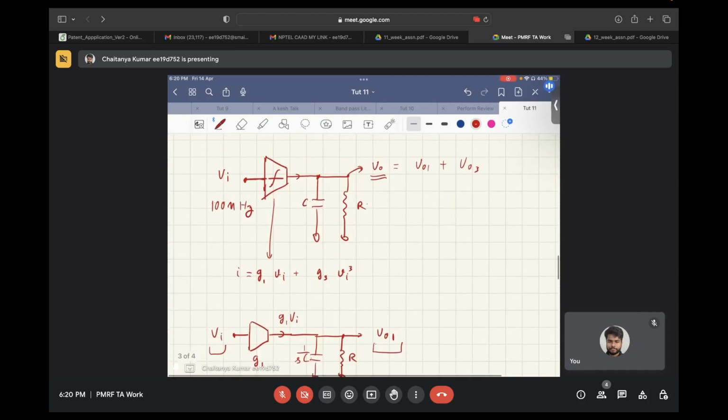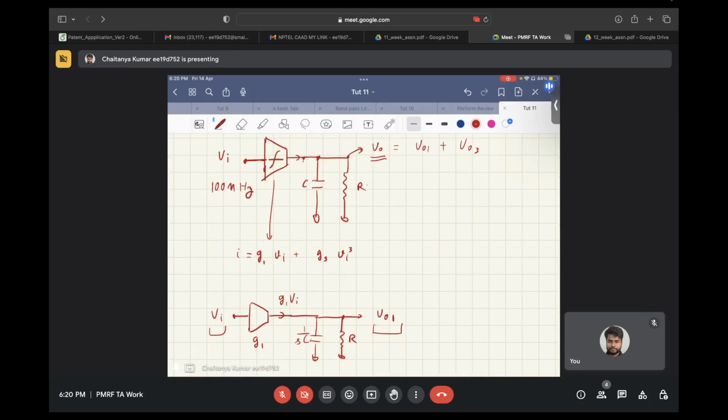For that, you will have to inject the non-linear current that will be formed due to this G3 Vi cube. Basically, the current contains two terms. One is G1 Vi that you get from this linear transconductor.